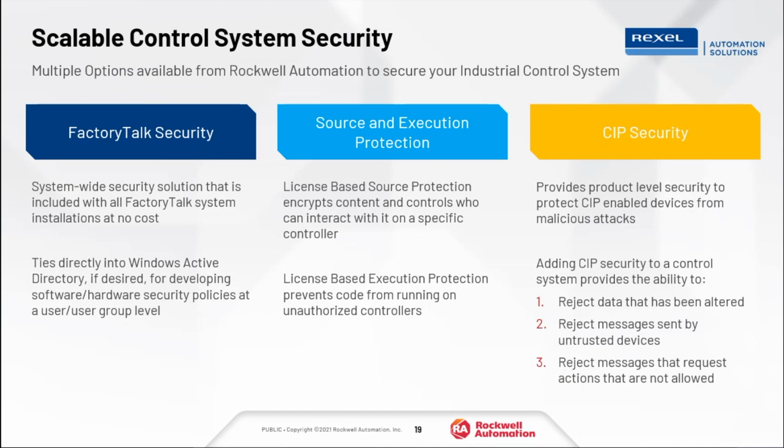Those are both AV/IDSs made, at least on the side of Claroty, made more so for the factory side of things, for the OT side of things. But most of this, if not all of it, ties in with your Active Directory, so you're not going to be creating a brand new user, brand new group. It's going to be simple in that sense.